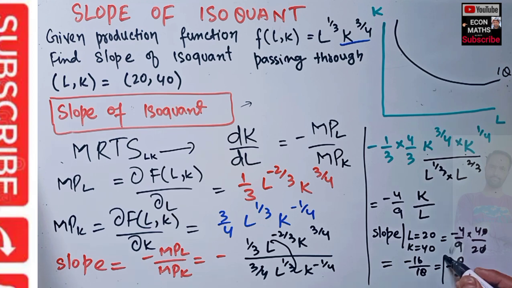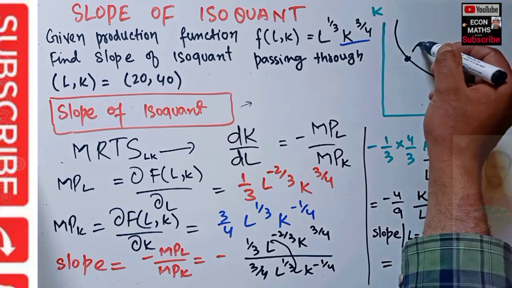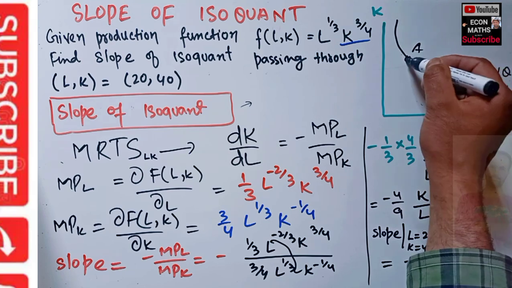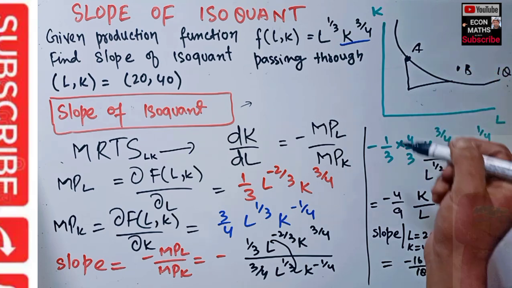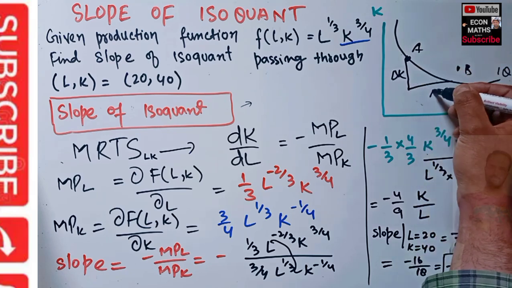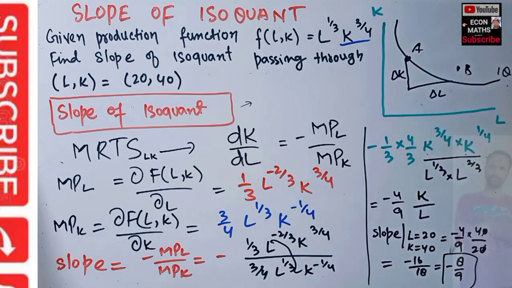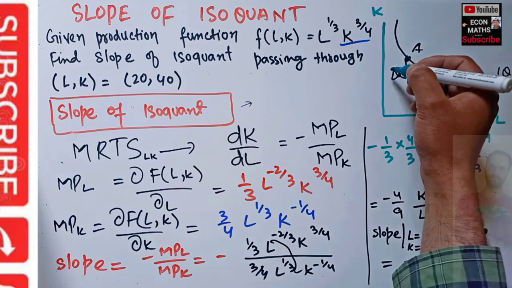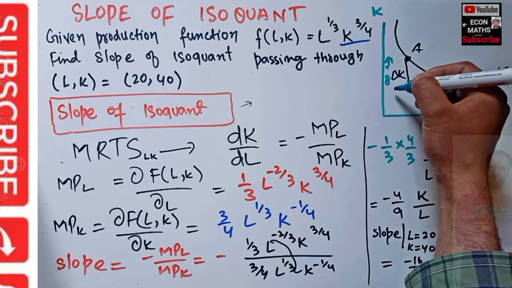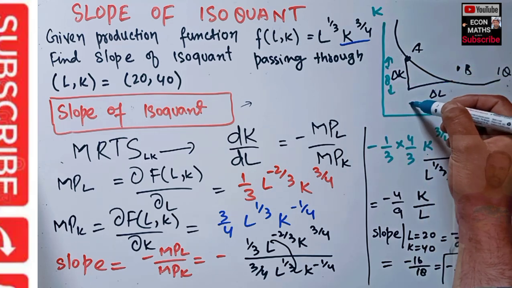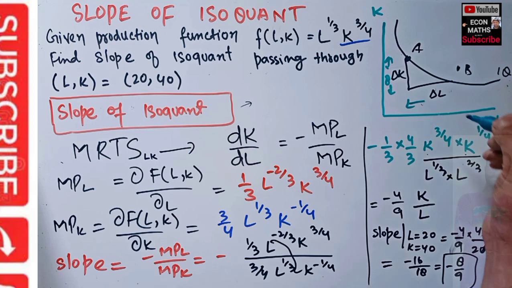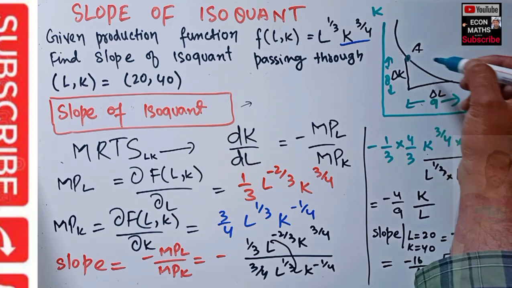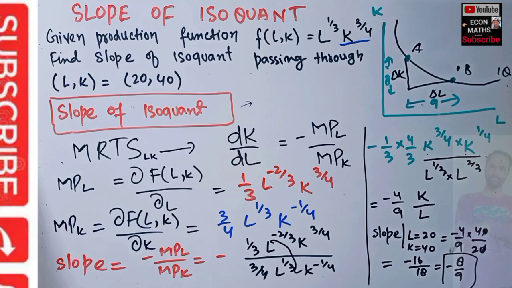So this is the slope of the isoquant, and let me show it. Let us say this is point A, and this is point B. This is delta K, this is delta L. It simply says that we need to sacrifice 8 units of capital for 9 units of labor, so that we are on the same isoquant, or we produce the same level of output.